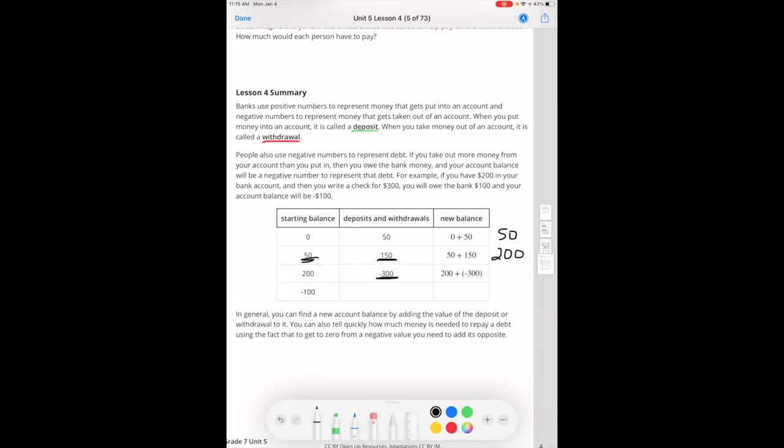And here we see a negative 300, so that means it's a withdrawal. So $200, and if I take $300 out, I now owe the bank $100. So in order to get out of debt, I would have to make a deposit of $100, which would put me at $0.